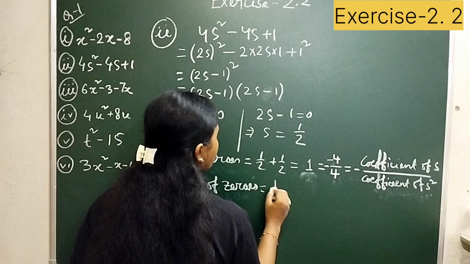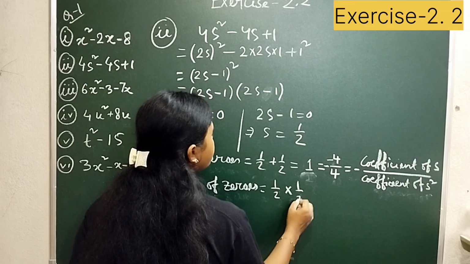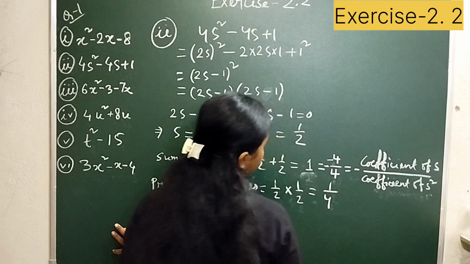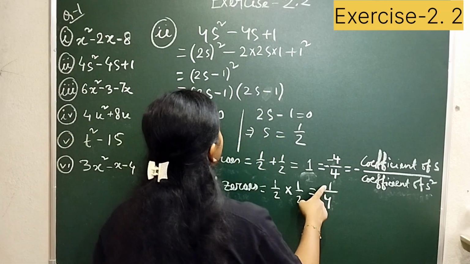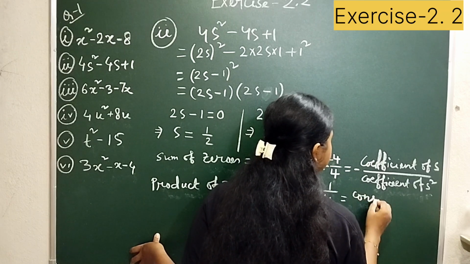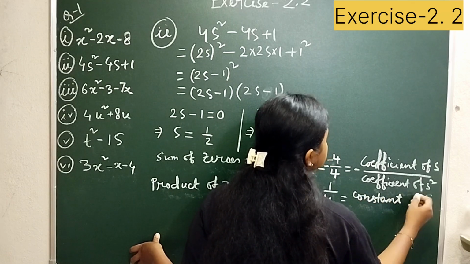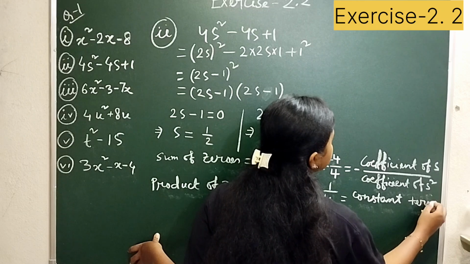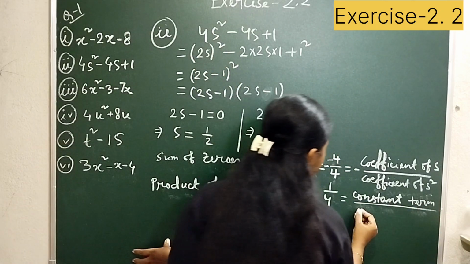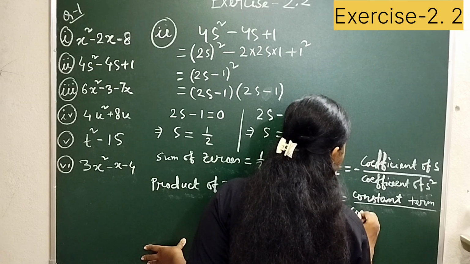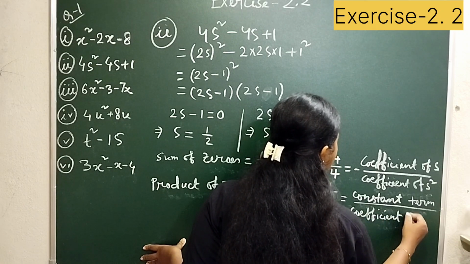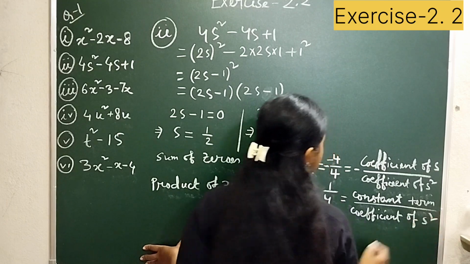Okay, so 1 by 2 into 1 by 2. That means 1 on the top and 2 times 2 is 4. So 1 is what? 1 is the constant term here. So constant term divided by 4, which is the coefficient of x square.